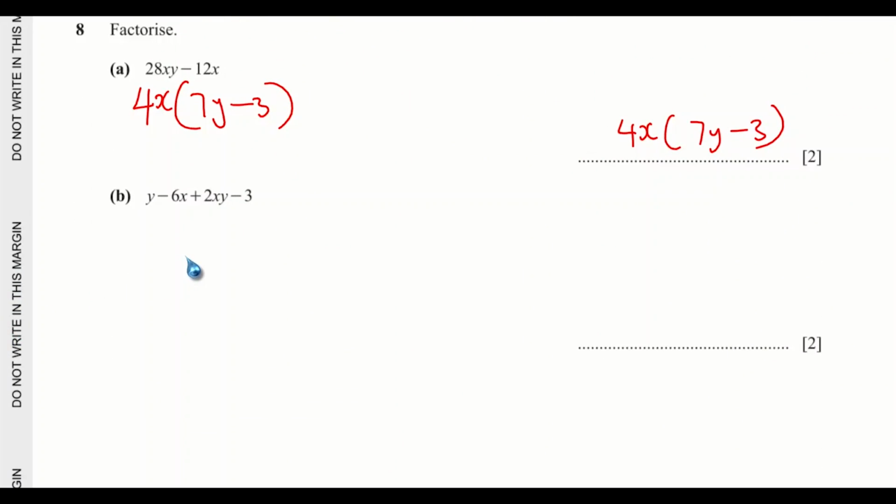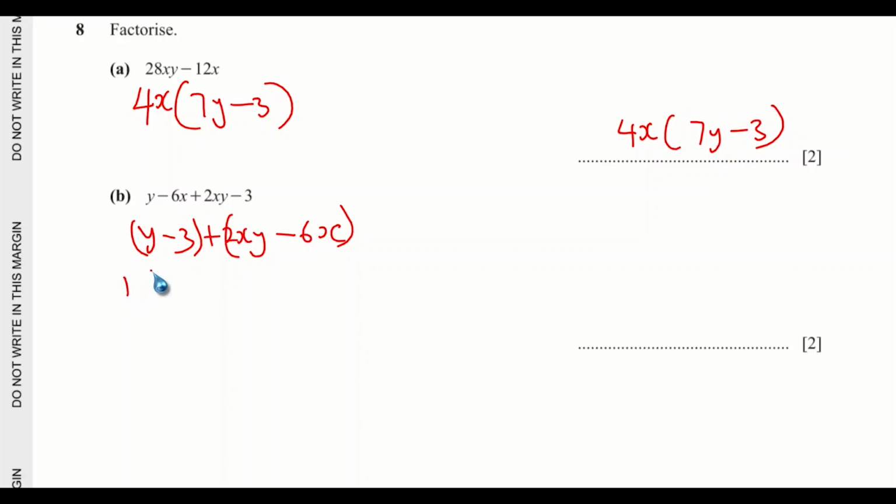y minus 6x plus 2xy minus 3. Here we can rearrange this to be y minus 3 plus 2xy minus 6x. Then from here we can factor out 1, and from here we can factor out 2x.